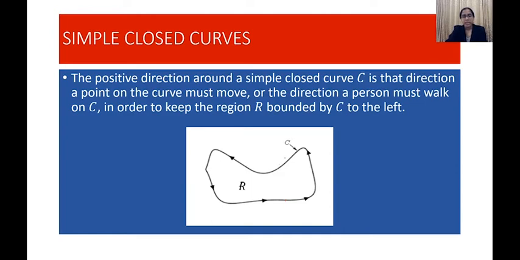If I'm walking in this direction, then the region will be on my left. So when you're given a curve, imagine yourself standing on that curve and moving along it; the positive direction is that direction in which the region will lie on your left. The negative direction will be the other way around.